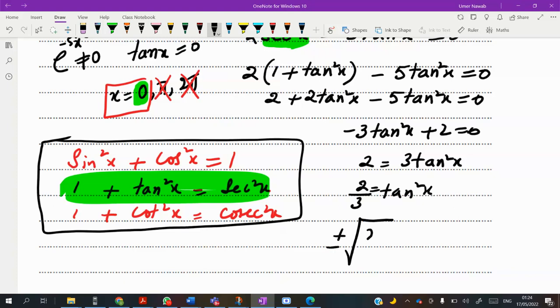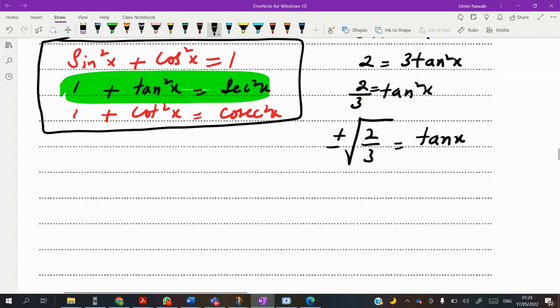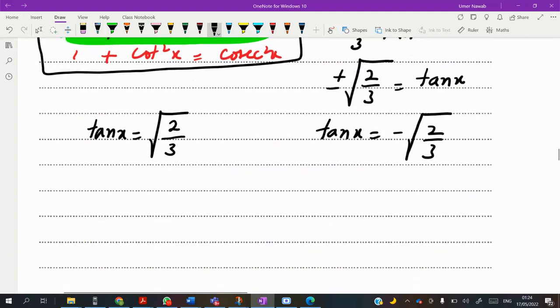So plus minus square root of 2 over 3 is equal to tan of x. I'm going to write here tan of x is equal to square root of 2 over 3, and tan of x is equal to minus square root of 2 over 3.